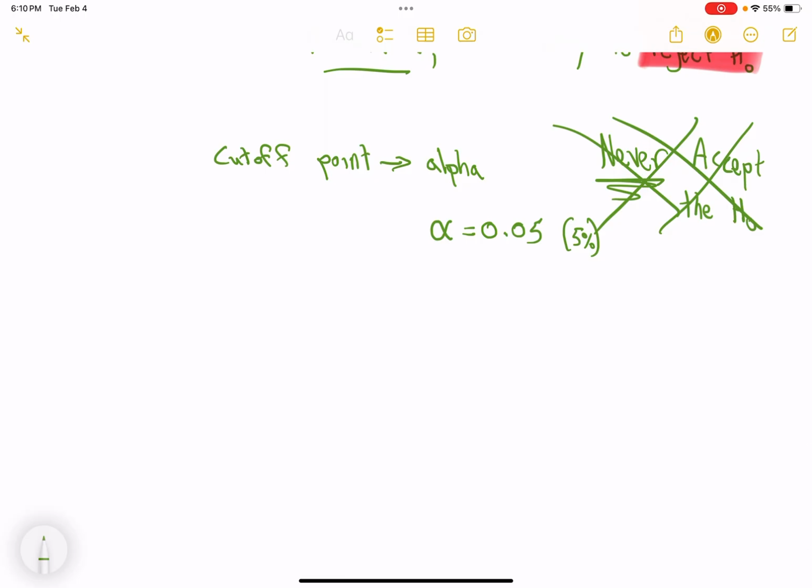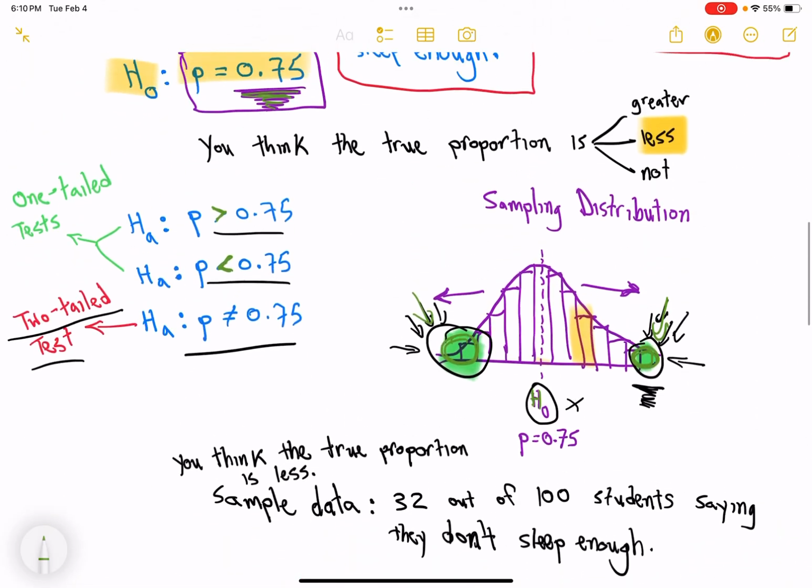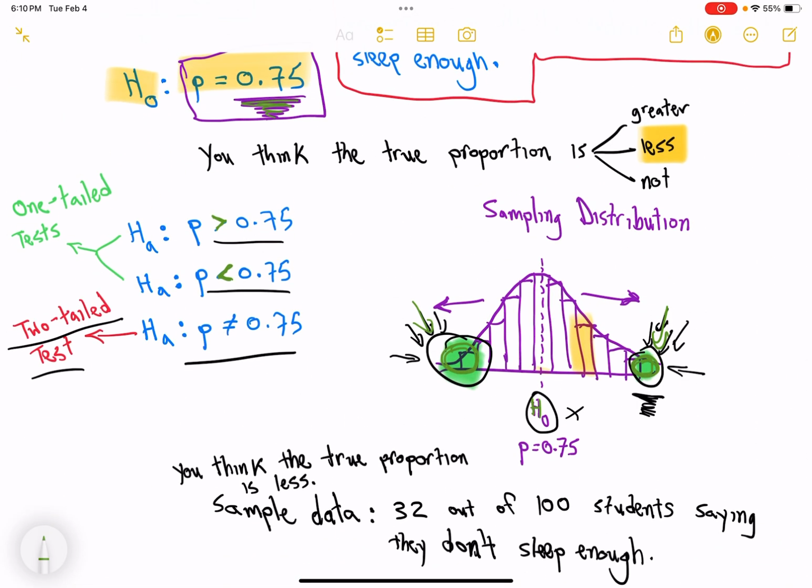Why is it 5%? Well, unlike last unit, where we were very focused on the middle 95% of data or the middle 99% of data, this unit we're very focused on the fringe data, because we're saying, what are the odds of getting a really unlikely value? And is it so unlikely, my p-value, that I can say, hey, you're wrong, I reject you?